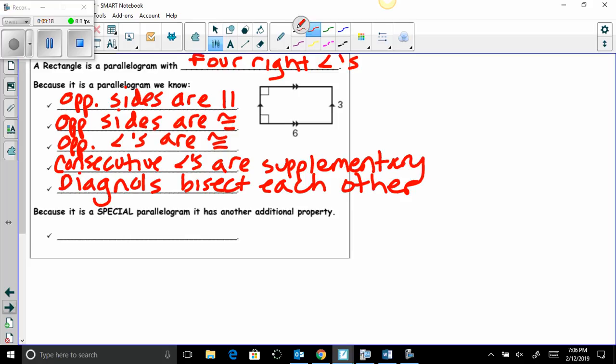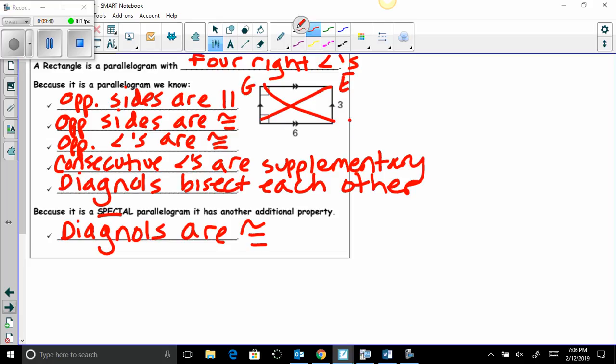Because it's a special parallelogram, it also has another additional property. The diagonals are going to be congruent. So if I go ahead and draw my diagonals in here, let's label this G, E, O, M, and they touch in here at T. All my diagonals are going to be congruent.